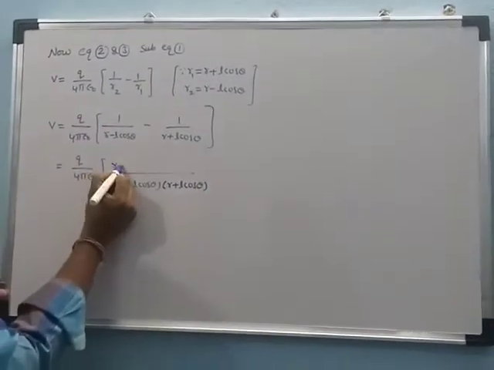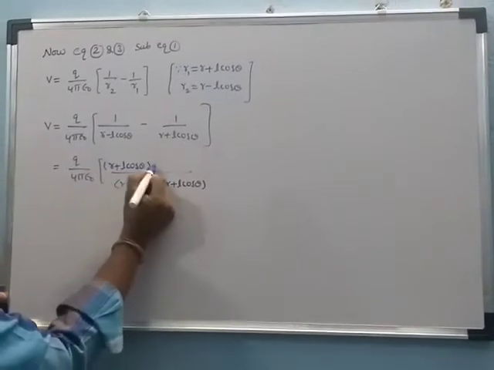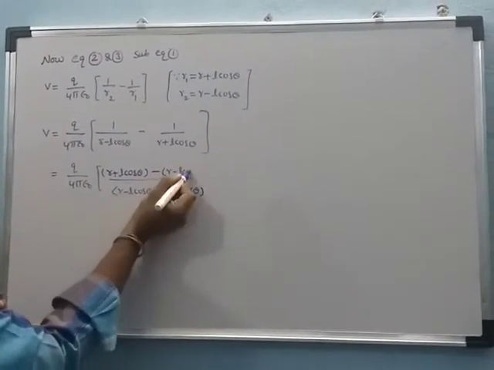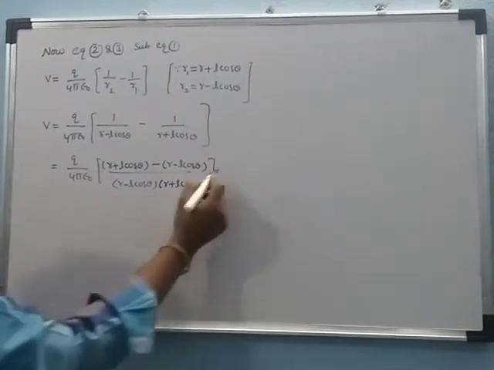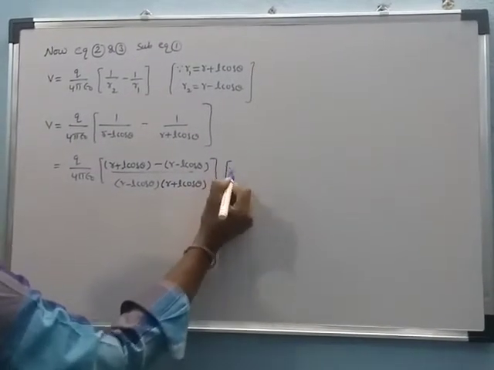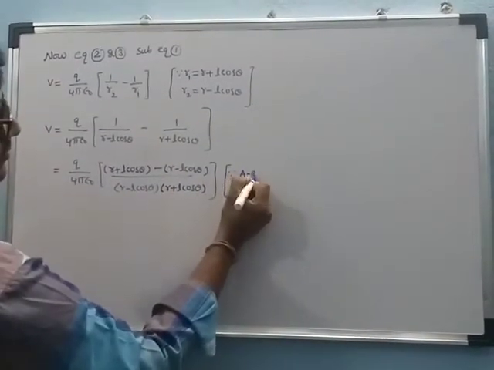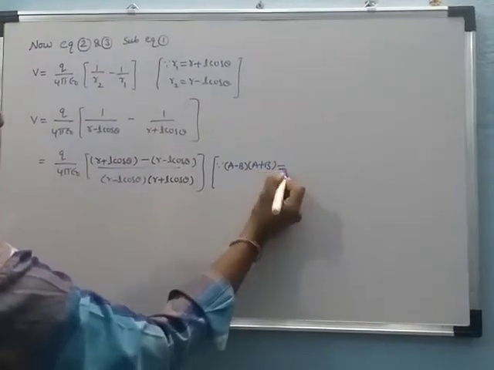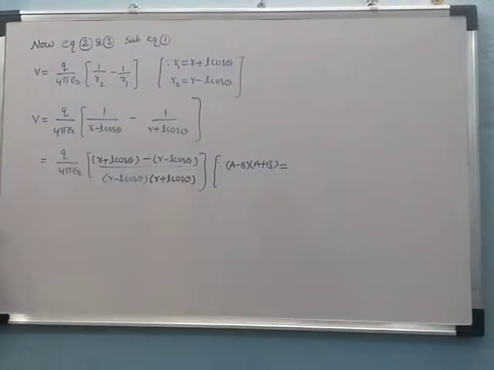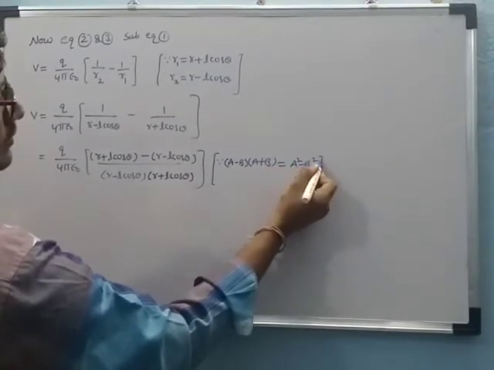Cross multiplication gives R plus L cos theta minus R minus L cos theta. See, there is one trigonometric formula: A minus B into A plus B is equal to A square minus B square.